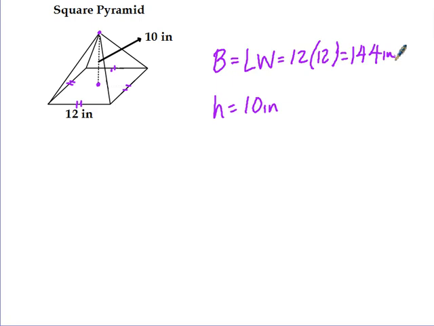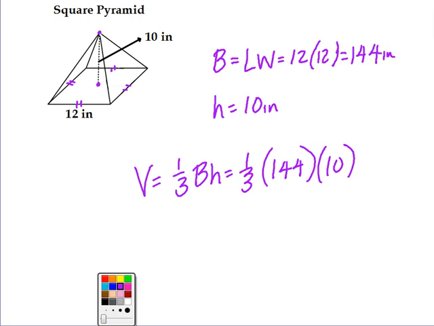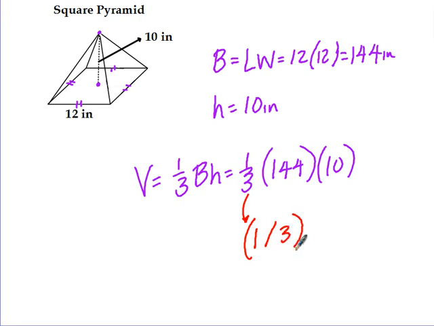So volume is 1/3 capital B times h. So 1/3, 144 times 10. Now when you go to plug this into your calculator, how do you plug in 1/3? Well, in your calculator, just take parentheses 1 divided by 3 and end your parentheses. Now that's telling the calculator that that's a fraction, 1/3.